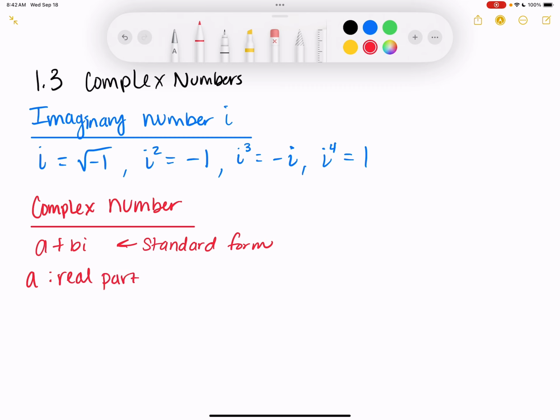B is the imaginary part. And A and B can be like fractions or decimals or whatever. Also, they don't have to be like whole numbers or anything.